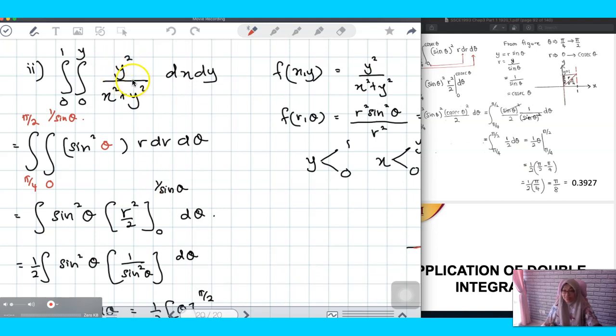Because you can see here, if you just use the Cartesian coordinate system, then I'm sure we need to provide extra steps in integrating this particular function. Okay.